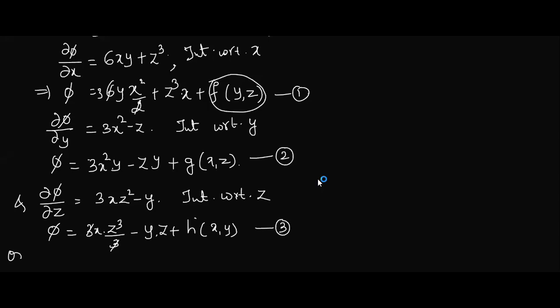Minus yz. See, this term is present in equations 2 and 3, but not in 1. So this process is called comparison. So f of yz should be minus yz.